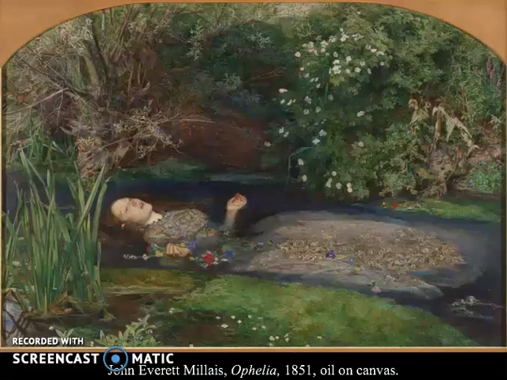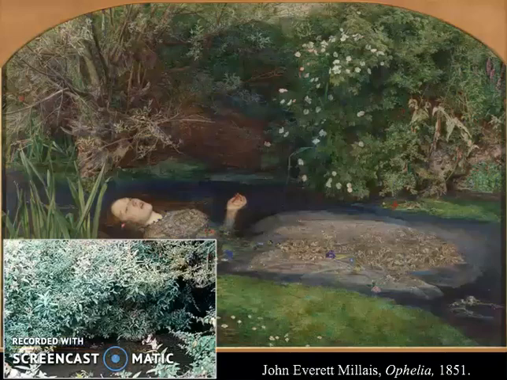And it becomes a very romantic image for Victorian painters, such as Millais. So Millais goes to great lengths to depict this in detail. He paints very particular places, such as Hogsmill River at Ewell, which is represented here, as well as in his studio.